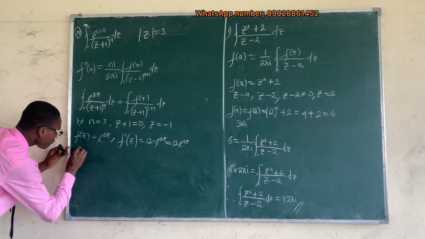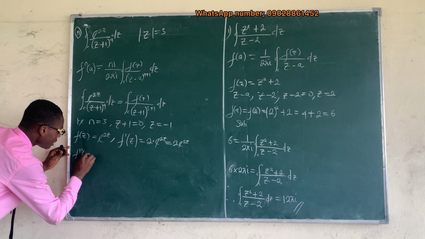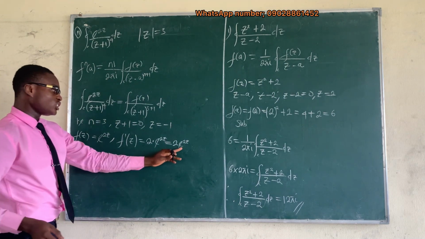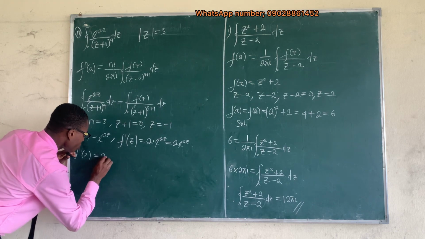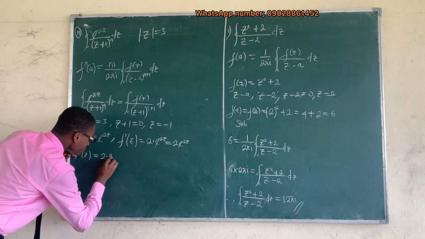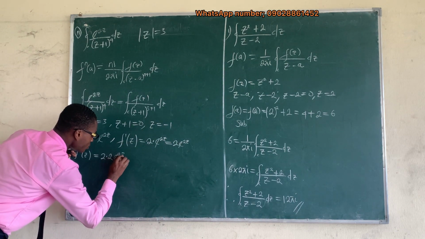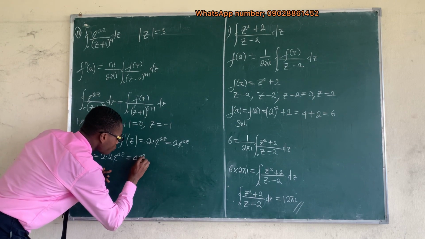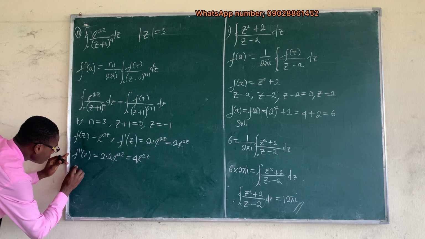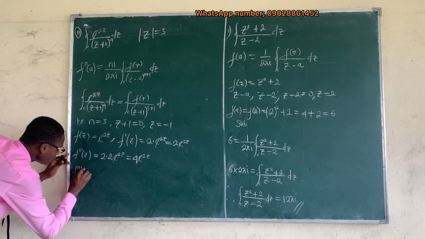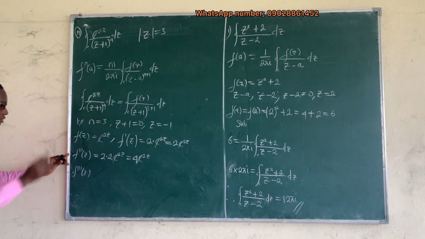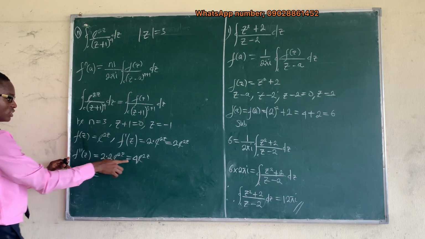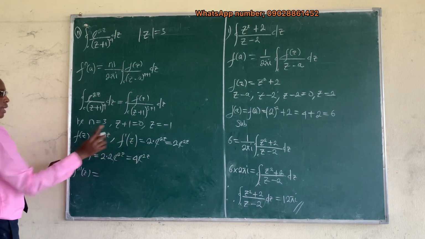And also, f double prime of z will be equal to, you differentiate this again, you have 2 times the derivative of the index, which is 2 exponential 2z, and this is equal to 4 exponential 2z. Then lastly, the third derivative will give us, differentiate the index 2, then you multiply it by the function.